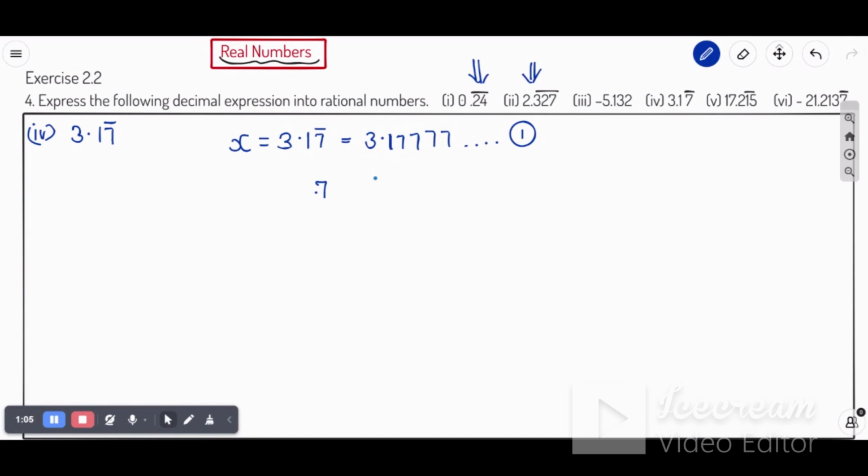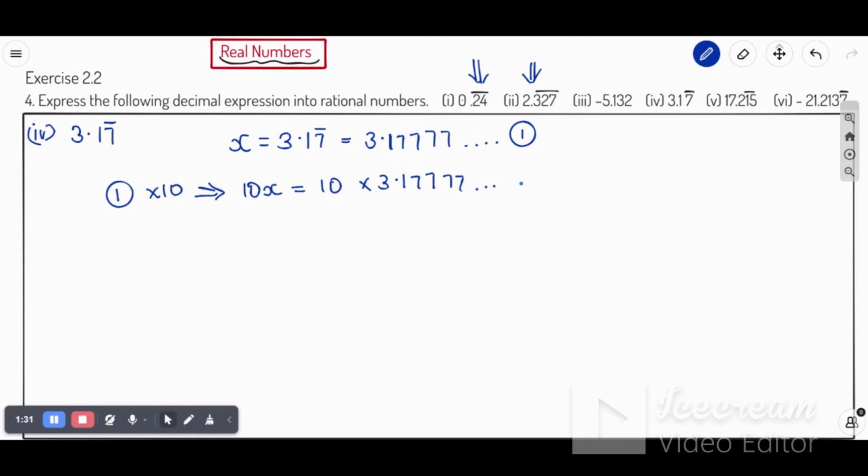So how can we achieve that? Yes, there is only one simple way. Multiply our equation 1 by 10. So if you multiply by 10, your equation 1 becomes 10 times x is equal to 10 into 3.1777. Let me put some 3 sevens or 4 sevens.